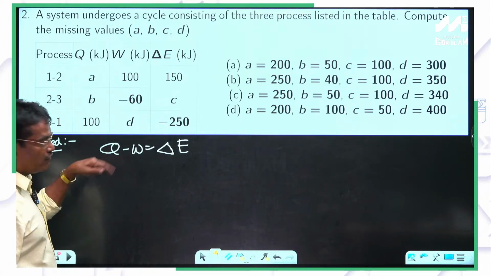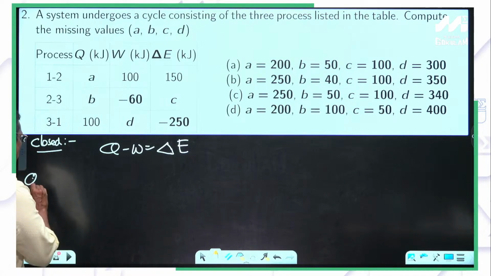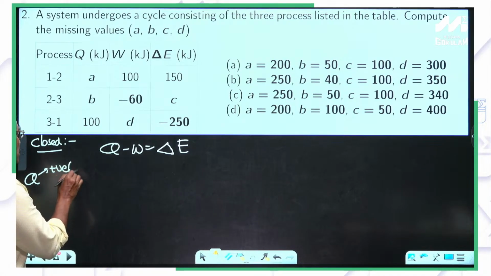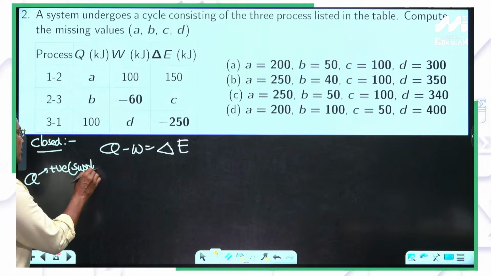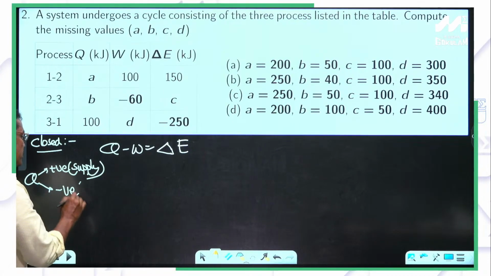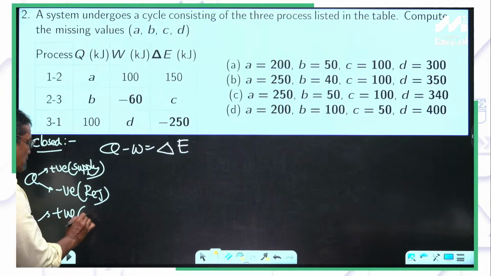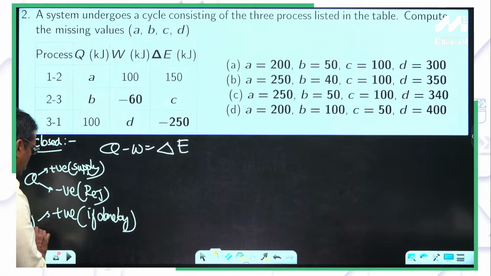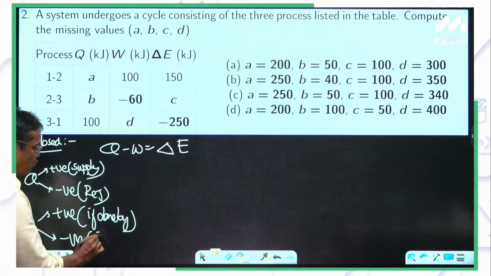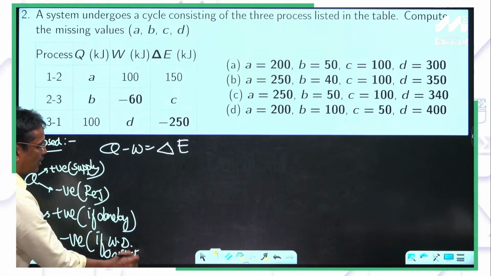Q is positive if supplied to the system. Q is negative if rejection. W is positive if done by the system, that is an expansion work. W is negative if work done on the system, that is a compression work.